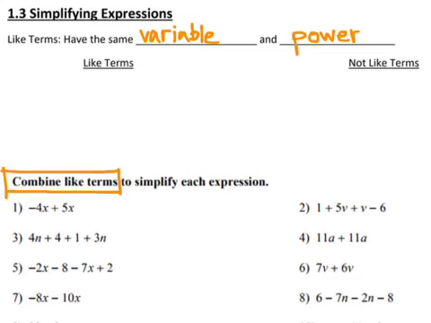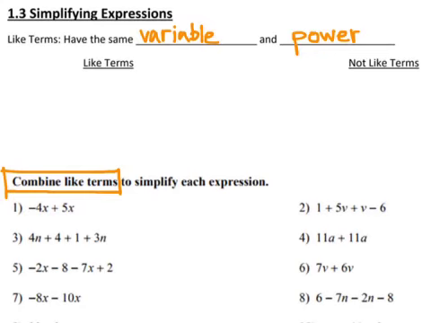So if you're taking notes, that would be a great thing to write down, that like terms have the same variable and power. Variable is another way of saying letter, and power is similar to saying if they're both squared, if they're both cubed.